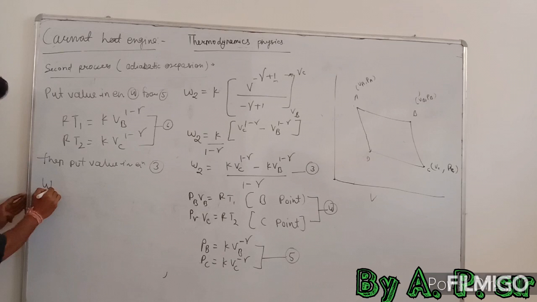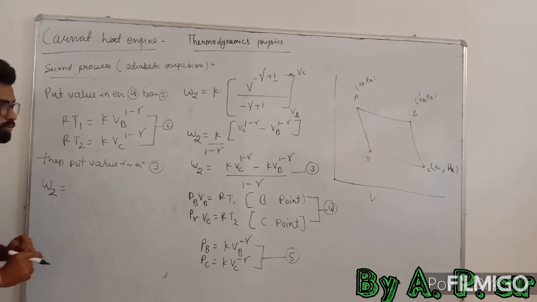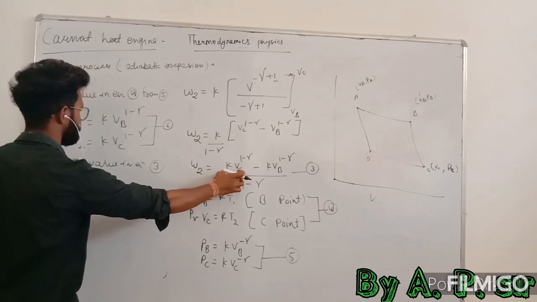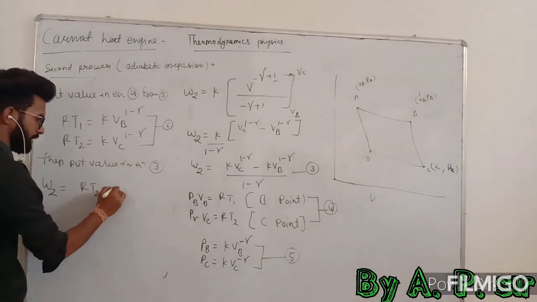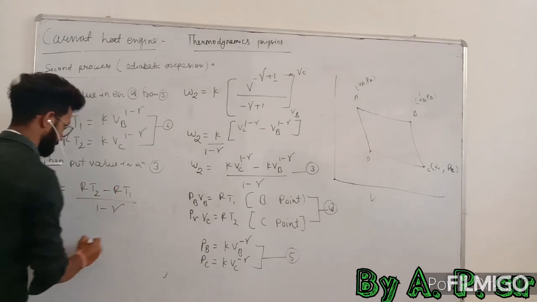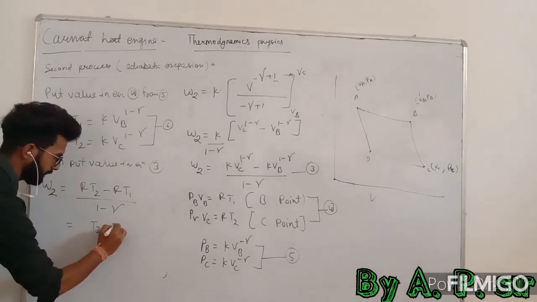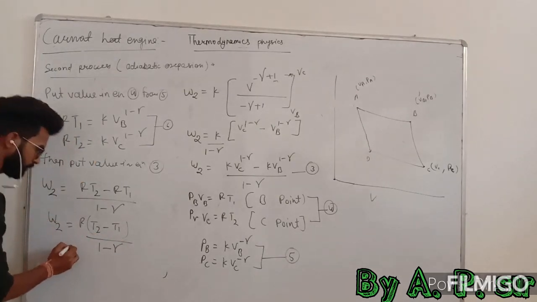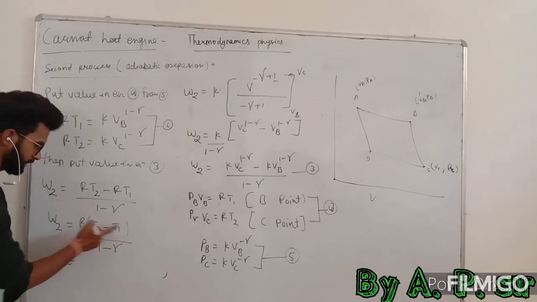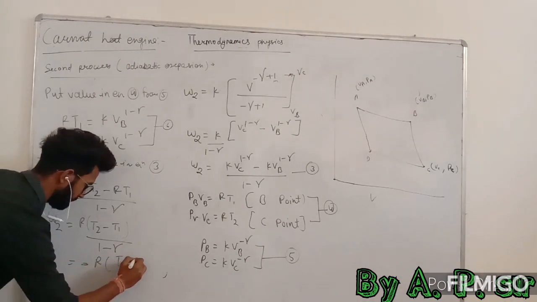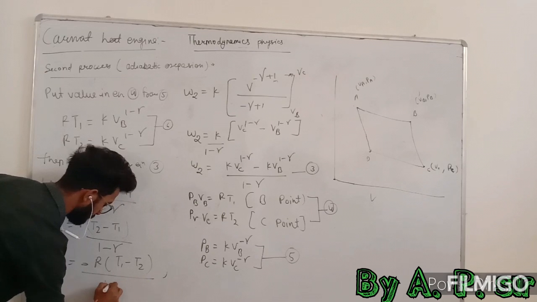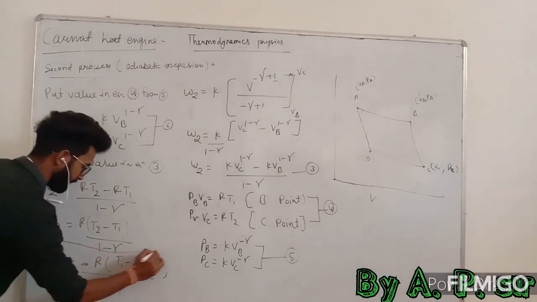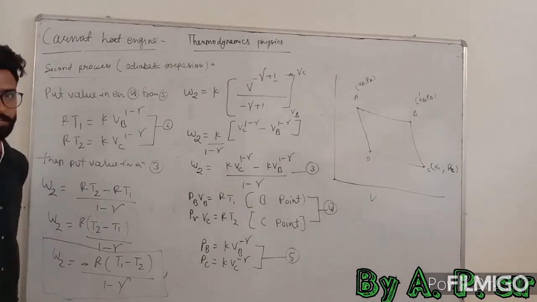We obtain W2 equals (RT2 minus RT1) upon (1 minus gamma), which is R(T2 minus T1) upon (1 minus gamma), or R(T1 minus T2) upon (gamma minus 1). This is the second work done.